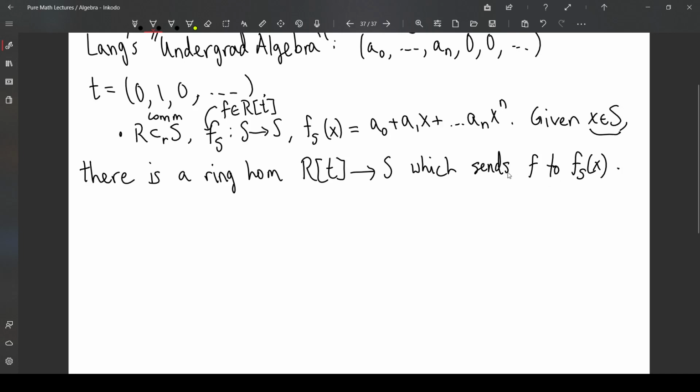However, this ring homomorphism can actually tell us some information about this element x. So we define R of x. Let me give a name to this map. I'm going to call it x star. So x star is the map which sends f to f sub s of x, and I'm going to call R of x the image of x star.